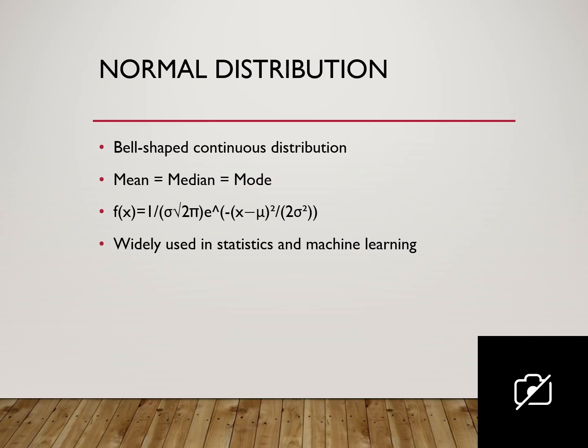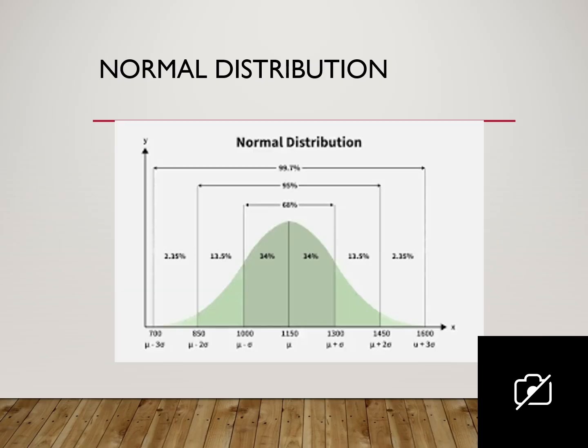If it is greater, then it is positively skewed. And look at the formula here. Normal distribution is widely used in quality control, finance, research, machine learning, predictive analytics, etc. Here, what you're seeing is the normal distribution curve.